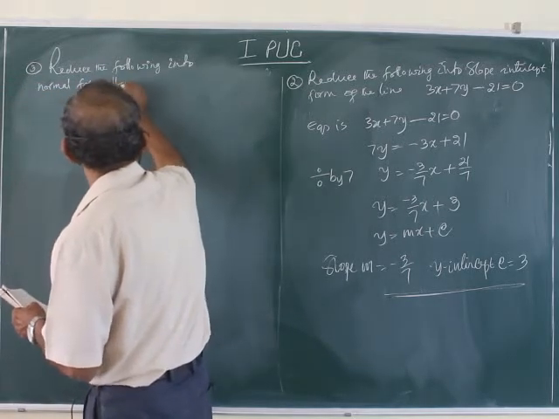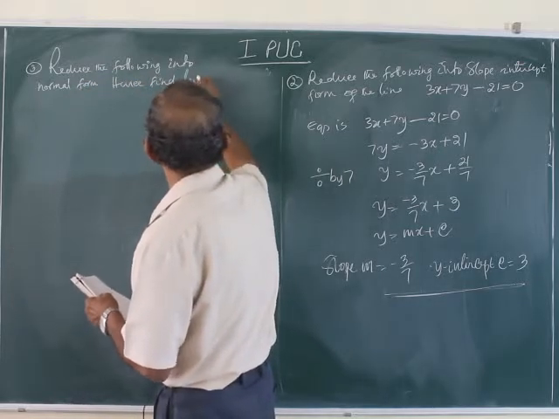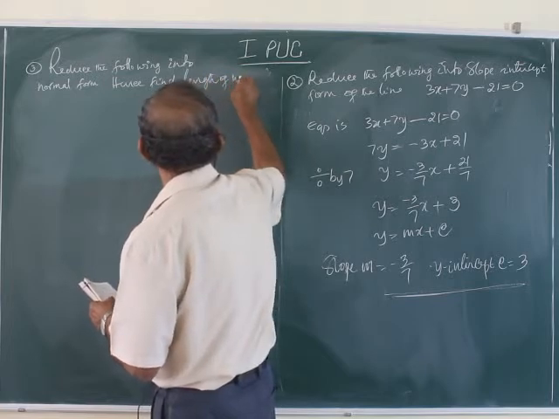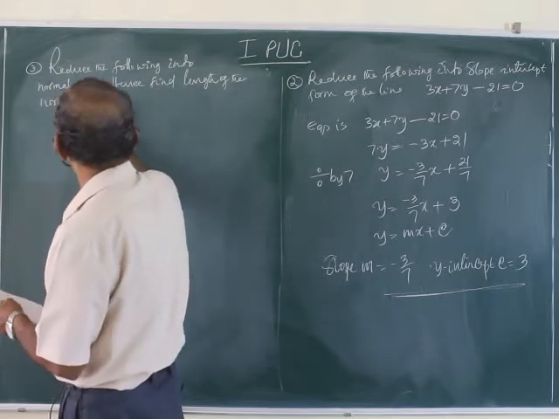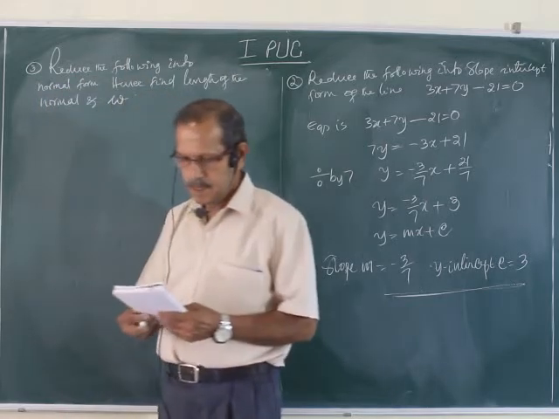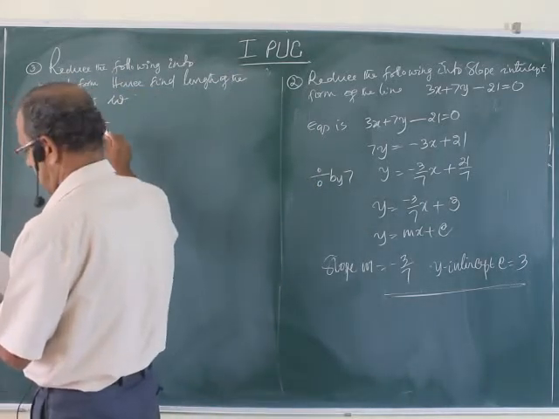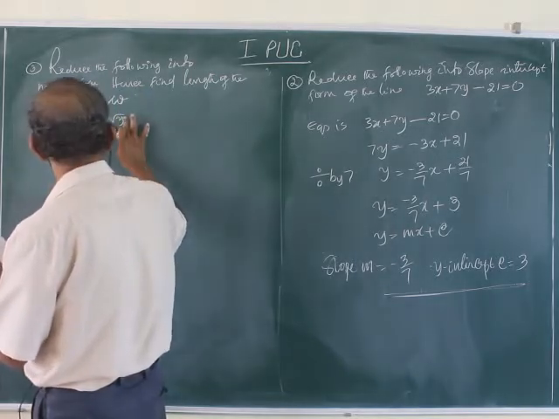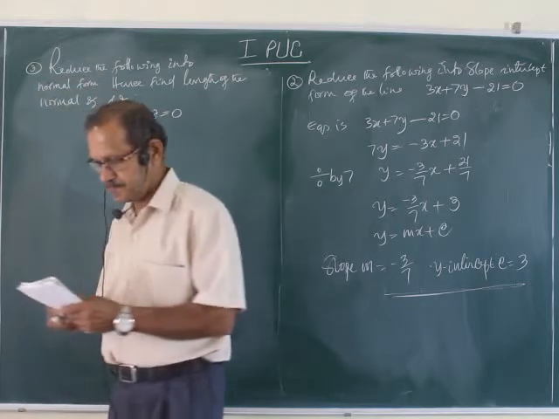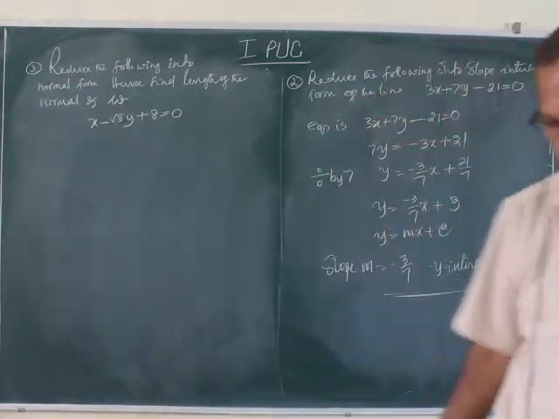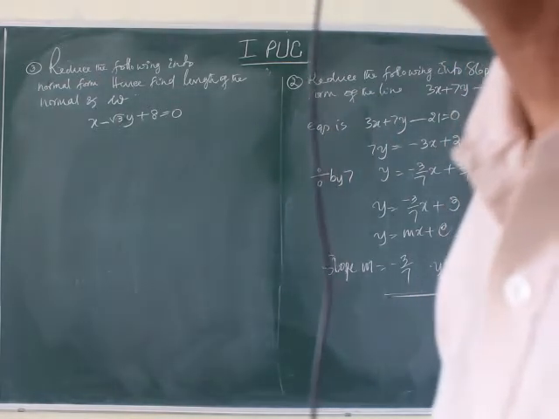Hence find the length of the normal and omega. Equation is x minus root 3y plus 8 equal to 0.